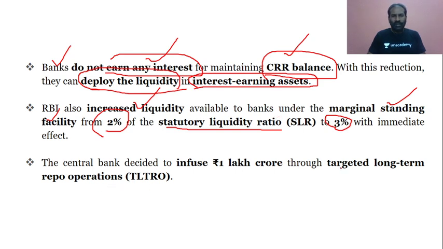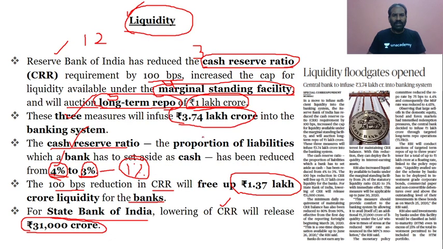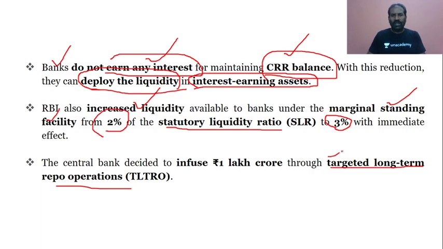And then the other one, the targeted long-term repo operation, TLTRO, or generally called LTRO, and by auctioning this they are infusing another 1 lakh crore rupees.